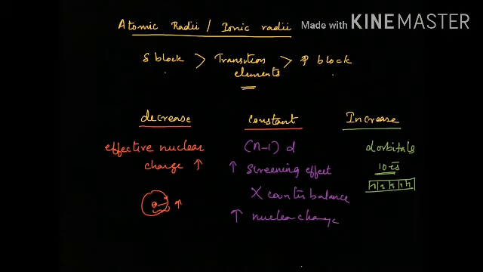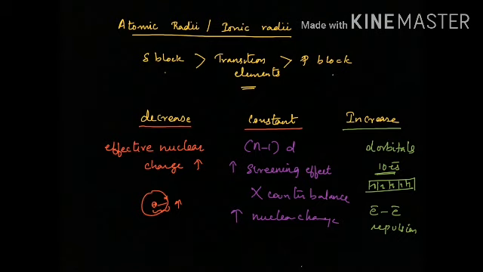Because of the increase in the number of electrons, there arises electron repulsion. Electrons present in the d subshell or d orbitals undergo electron-electron repulsion. When this repulsion becomes more and more, it becomes very dominant towards the end of the series. That is why we say the atomic radii increase at the end.